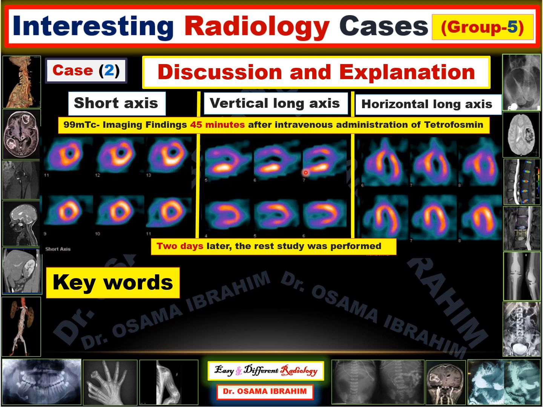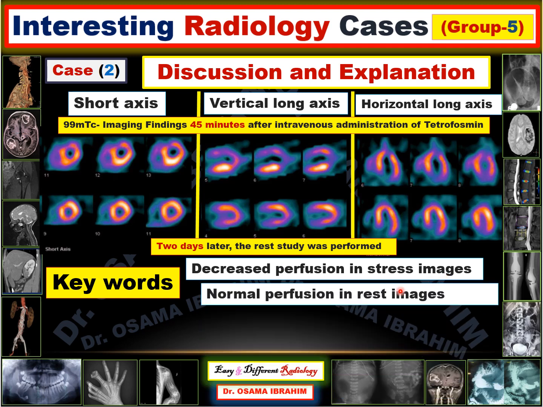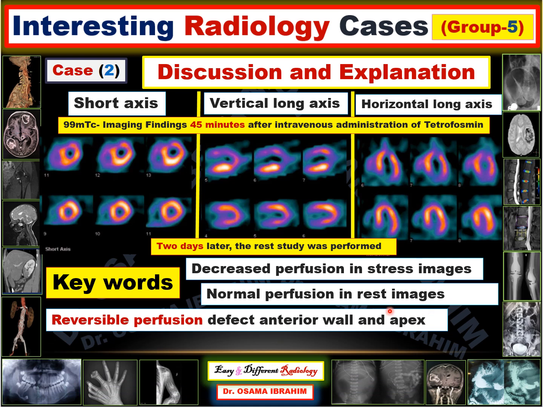These are the keywords: if there is decreased perfusion in the stress image and normal perfusion in the rest image, it represents a reversible perfusion defect, and according to this, the sites are the anterior and anteroseptal walls and the apex of the heart. So if the defect is reversible, as we see here, becoming normal in the rest image, it represents myocardial ischemia, not myocardial infarction.